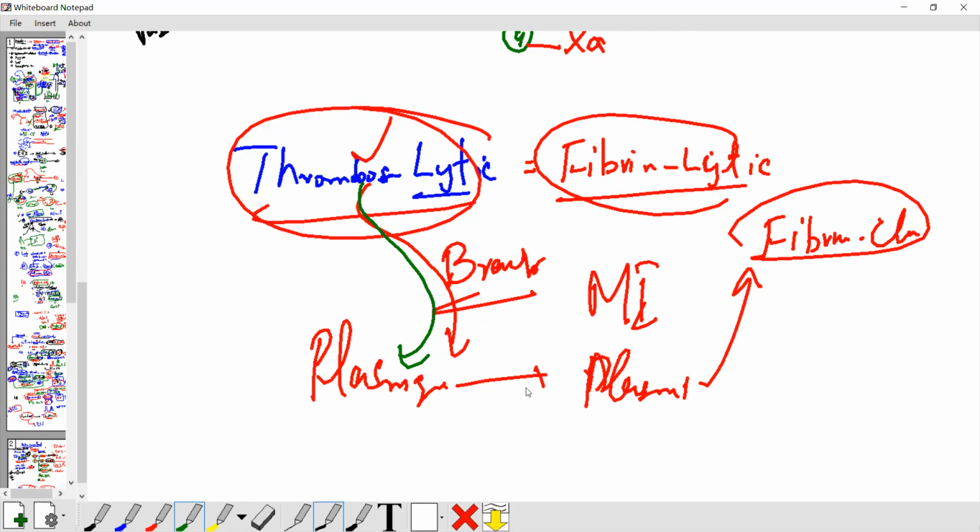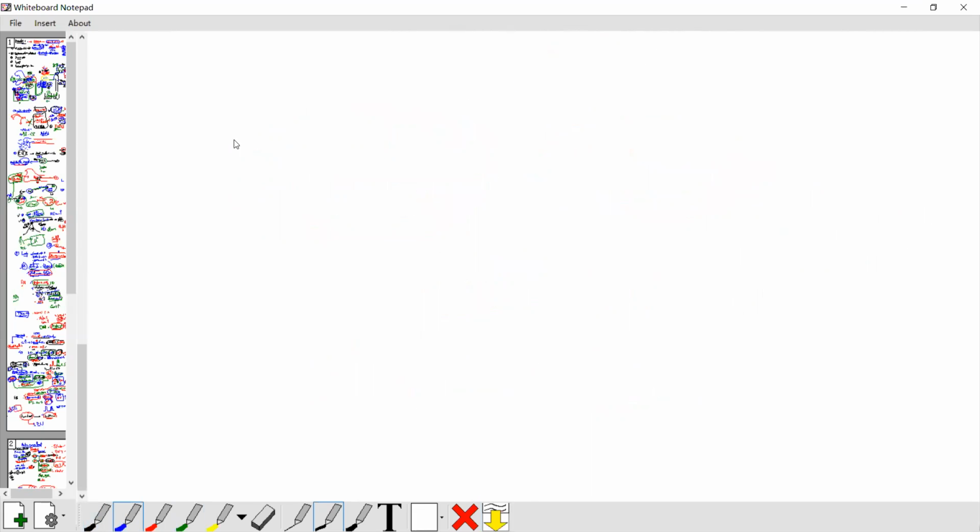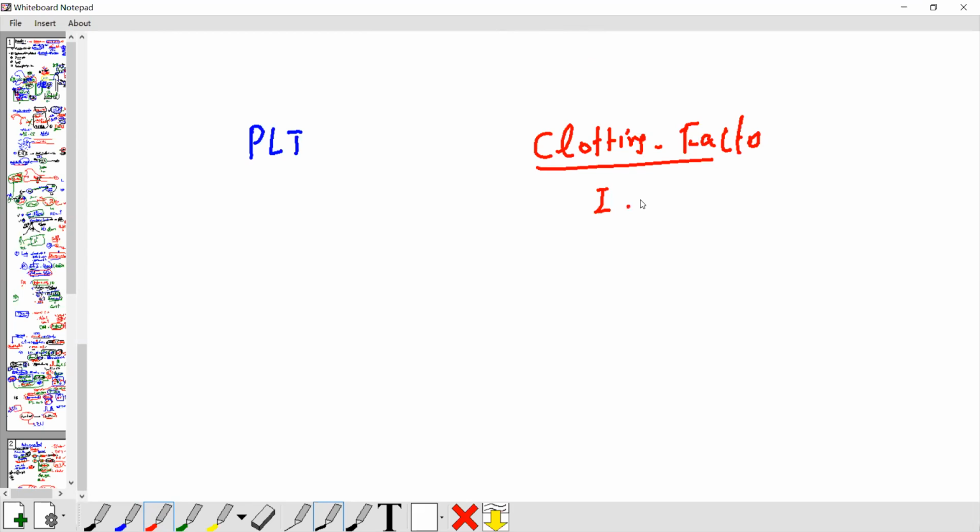Summary done or not? For clot formation, you need what? Platelets. For clot formation, you need what? Clotting factors. Understand? Intrinsic pathway and extrinsic pathway.